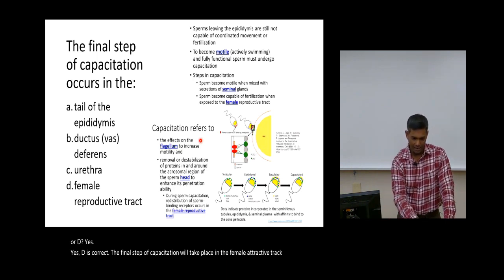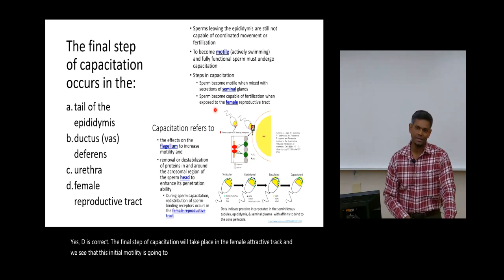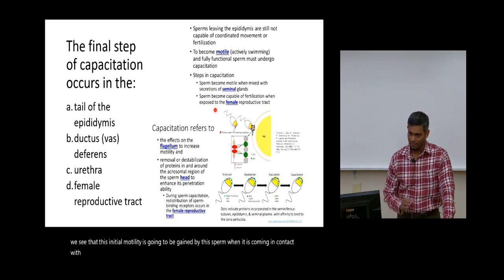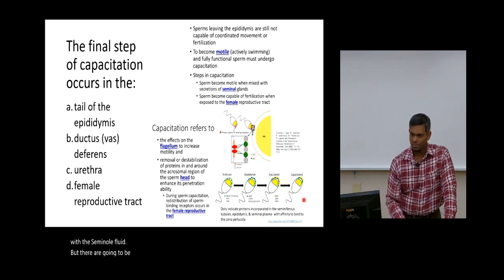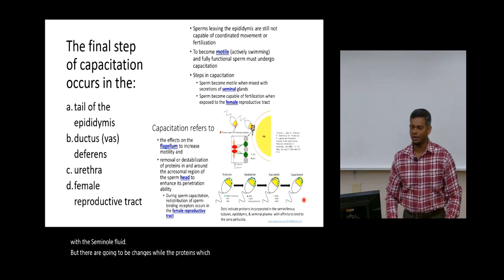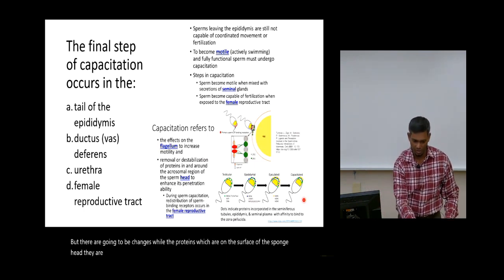And we see that this initial motility is going to be gained by the sperm when it is coming in contact with the seminal fluid. But there are going to be changes where the proteins which are on the surface of the sperm's head are going to be redistributed only during capacitation.